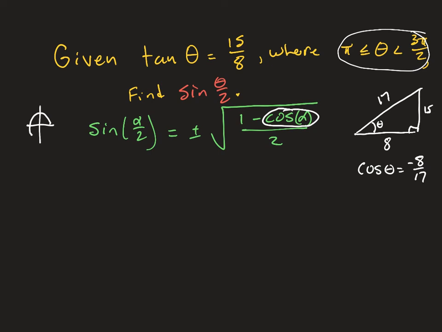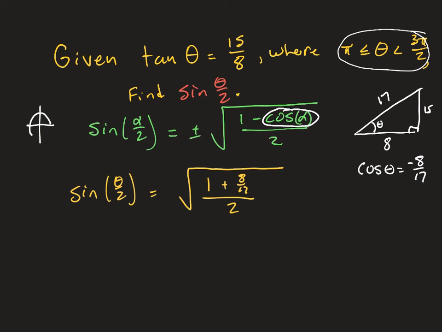And then when I put it into my formula for the sine of theta over 2, which is what we're trying to find, I'm going to have plus minus. We'll figure that out in a second here. Let me just put the square root right now. It's going to be the square root of 1 minus negative 8 seventeenths, which is plus 8 seventeenths over 2.